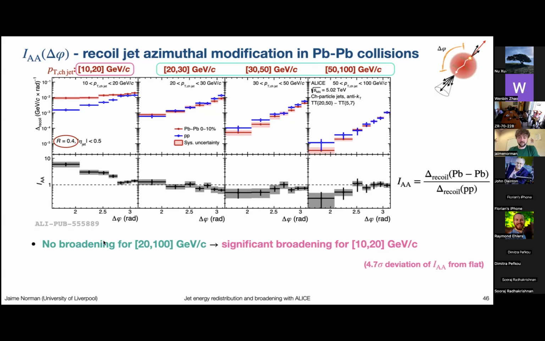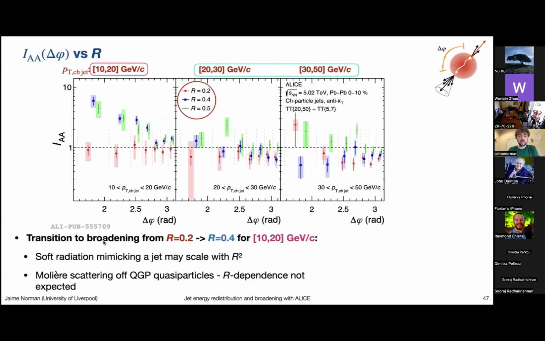This is really interesting. It's the first time that this significant azimuthal broadening has been measured for jets. And we can ask what might be the physical mechanisms behind this broadening. Just by looking at the data, we can make some interesting conclusions.